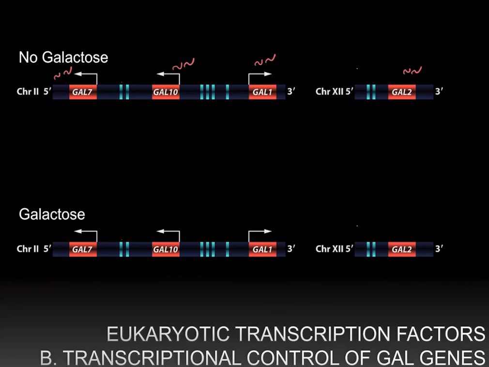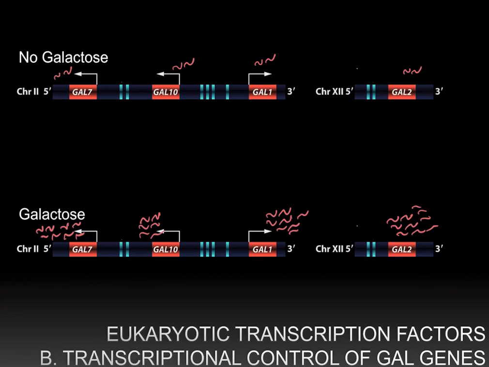However, when galactose is available, there should be a high level of transcription of these genes so that galactose can then be catabolized and utilized for harvesting ATP.